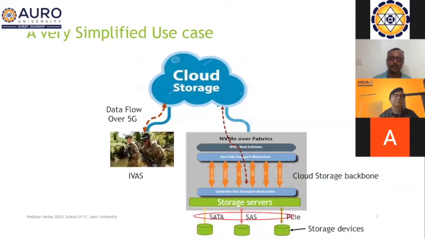Okay, so now it makes sense that 5G is going to be a very fast communication method, and at the same time there are storage devices which can give you a lot of throughput.